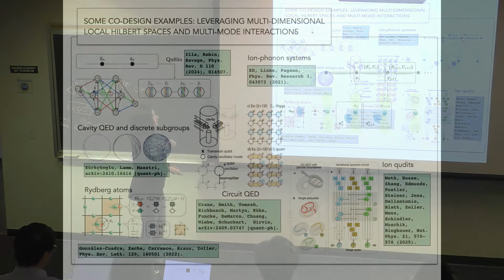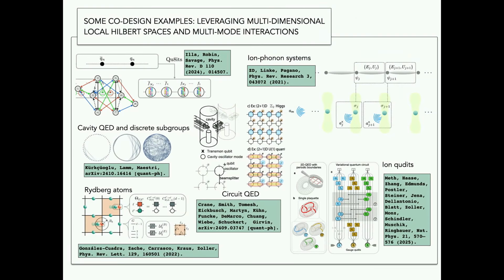And then finally, some results on co-design. Again, another busy slide to tell you that in all different hardware platforms out there, from cold atoms to neutral atoms to trapped ions to circuit QED platforms, there are many different proposals and even experiments for how to leverage different degrees of freedom of the hardware.